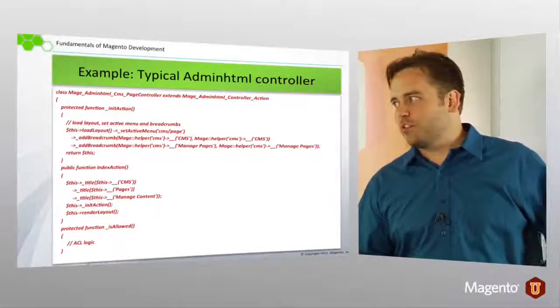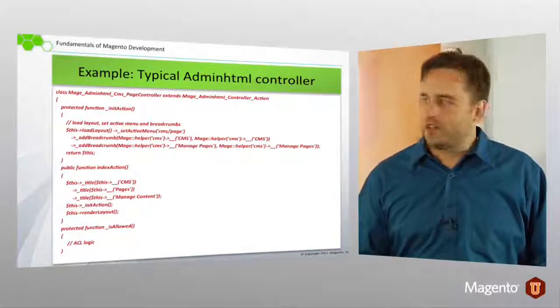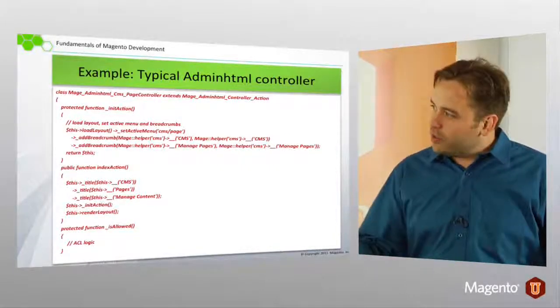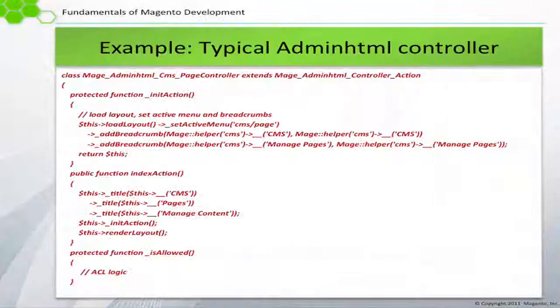This index action, we're setting some data on this object, calling another function, but then calling render layout. All right? But this is the structure here: you might have some internal functions. But basically, the takeaway is that anything that's public and ends in action can be accessed from the browser. Anything else cannot. Okay?